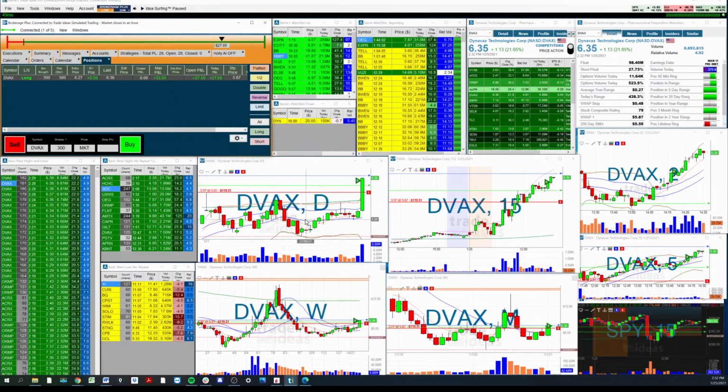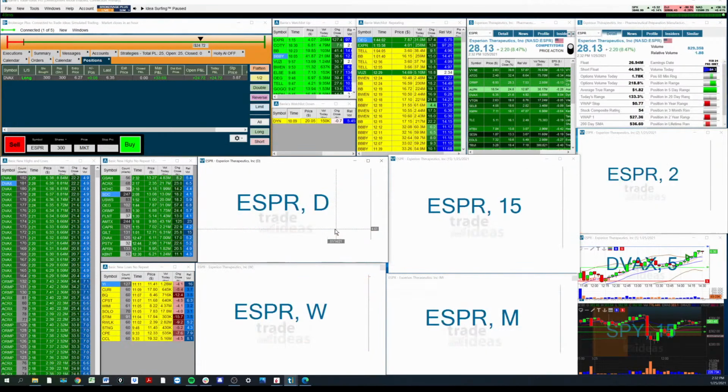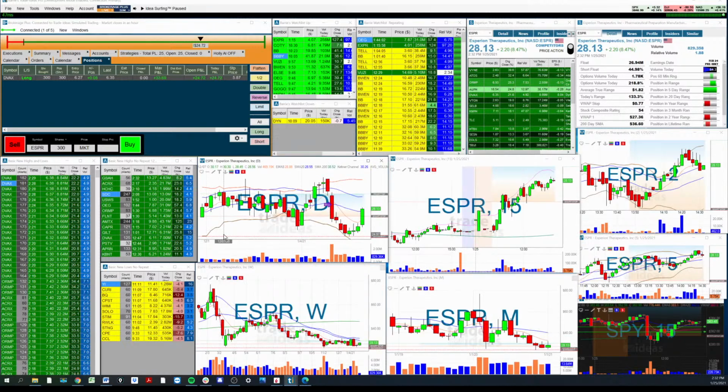ESPR. Well, it's got room. I have no special insight into it, but obviously it's got room. The next high looking left is around $30 on the daily, and then way up here around 31. I have no insight though on what I think it might do.